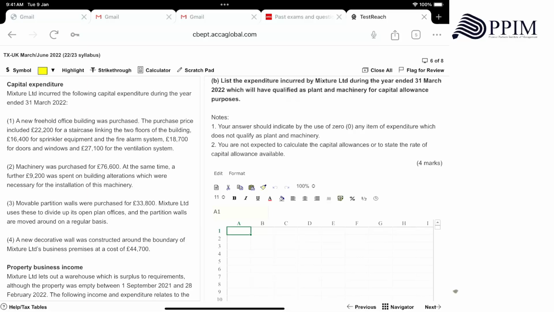Over zero. What's building is over 0. Over 0, because it's structures and buildings, not plant and machinery. How right you are. So why that? No, it's a good one.